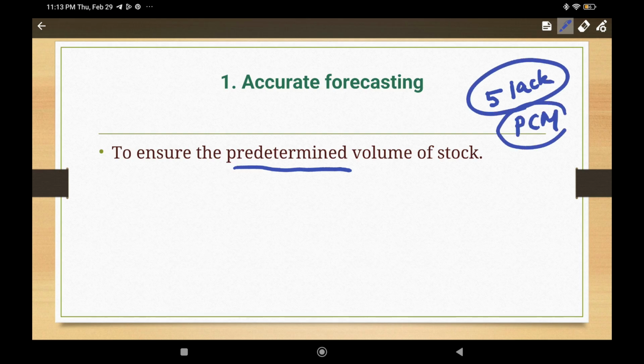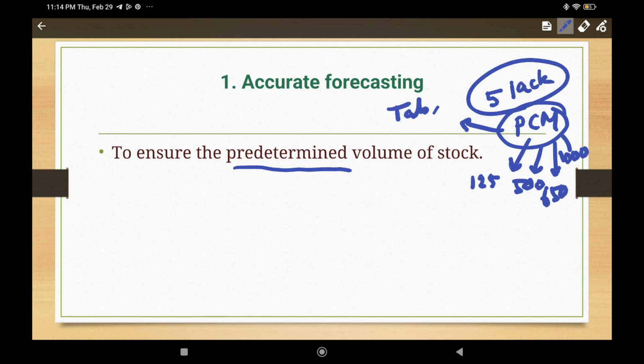Now PCM or paracetamol may come in different dosage forms and strengths: 125, 500, 650, 1000. That is strength, excuse me for the previous mistake. And dosage form means it can be in tablet form, infusion form, etc. So for each form and each strength we have to predetermine the volume of stock, because each has a different cost.